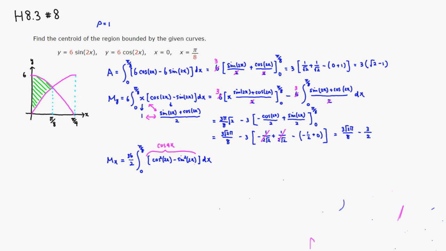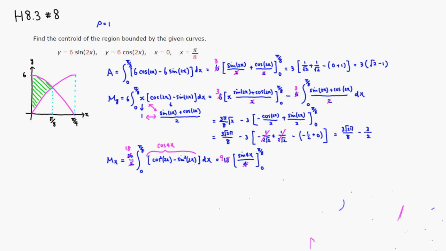Then we know that this is the same thing as cosine of 4x. If you take the antiderivative, 36 divided by 2 is 18, so you get 18 times the antiderivative of cosine of 4x, which is sine of 4x over 4, going from 0 to pi over 8. Incorporating the 4, it's going to be 9 halves.